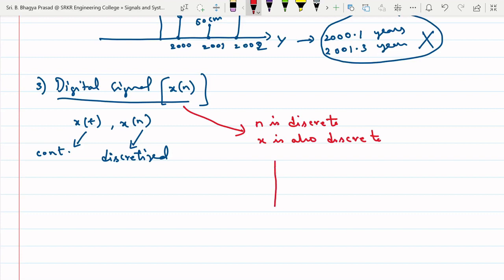Discrete in nature means obviously n will be 0, 1, 2, 3, like this. These are the set of values 0, 1, 2, 3, 4, 5 and -1, -2, like this. And x is also limited to a particular set of values.